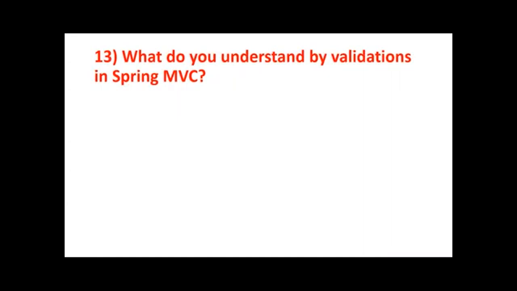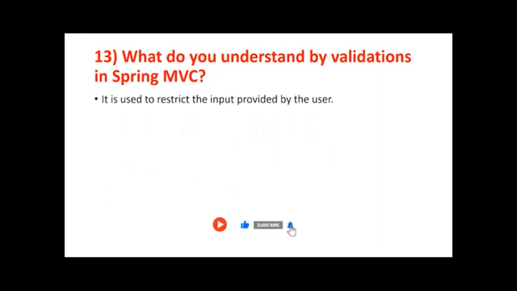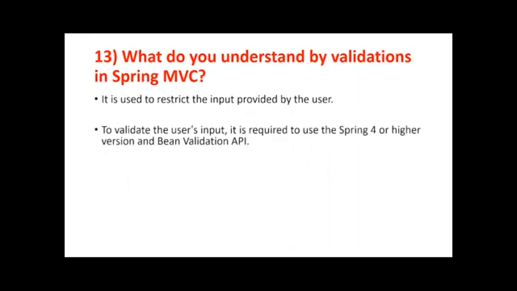What do you understand by validations in Spring MVC? If an end user makes a request, that request contains some inputs. If I want to validate or restrict those inputs, then we can use the validation annotation concept. To use this validation concept, your Spring version must be 4 or higher, and you must add the bean validation API dependency in the pom.xml or build.gradle file.